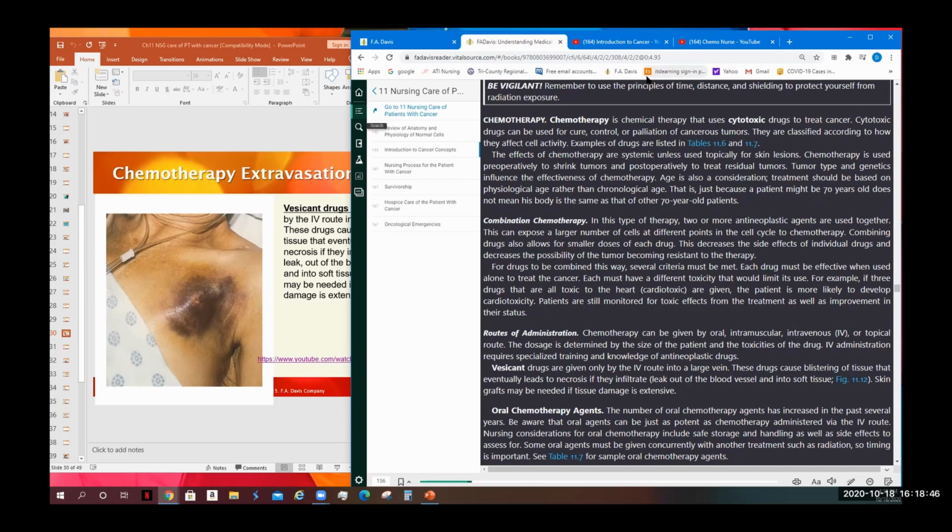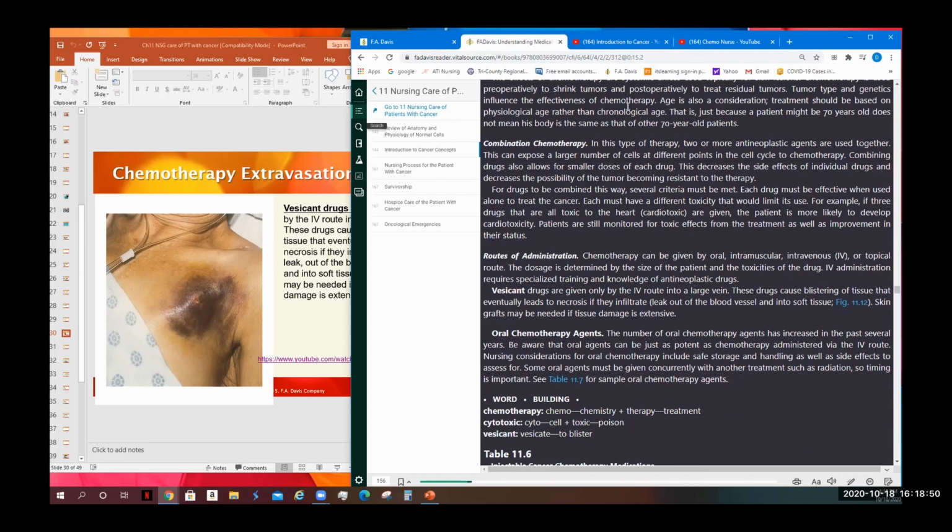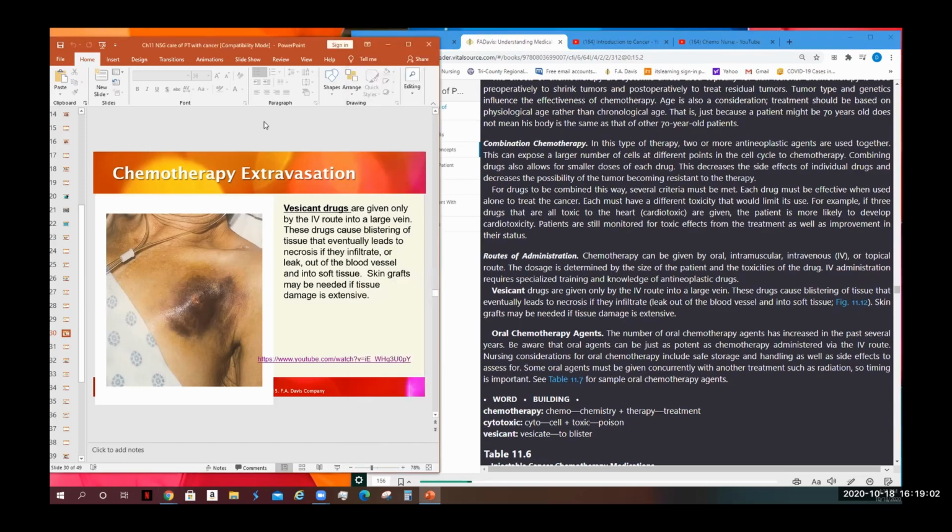Routes of administration. Chemotherapy can be given by oral, intramuscular, intravenous, or topical route. The dosage is determined by the size of the patient and the toxicities of the drug. IV administration requires specialized training and knowledge of antineoplastic drugs.